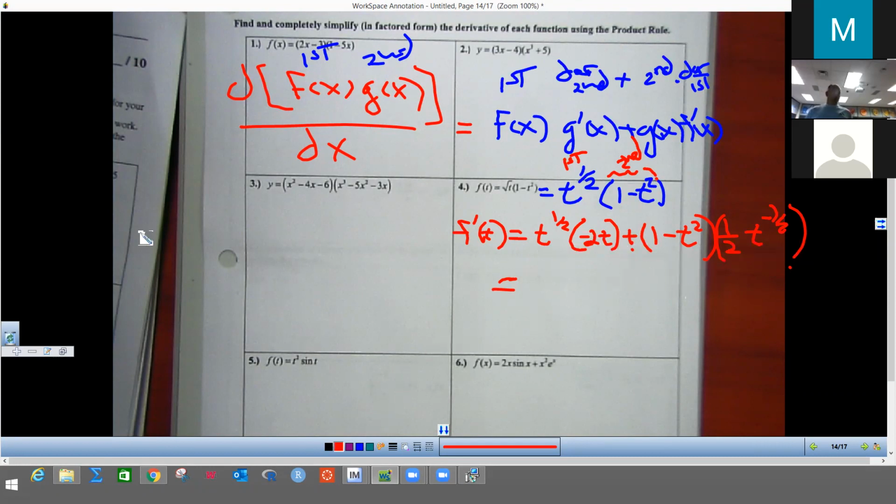I hope you can see that this plus sign is separating the two parts. So I'm looking for the GCF out of these two parts. I would take out a half and the t to the negative half because that's the lowest power. When you take out a half, you're dividing by a half, and I'm dividing by t to the negative half.